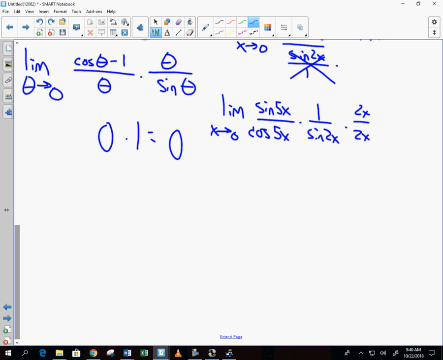I need this same thing. Now, I don't want cosine of 5x in the denominator. I just want 5x. So I multiply top and bottom by 5x.